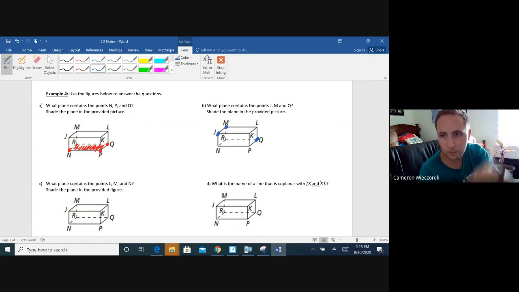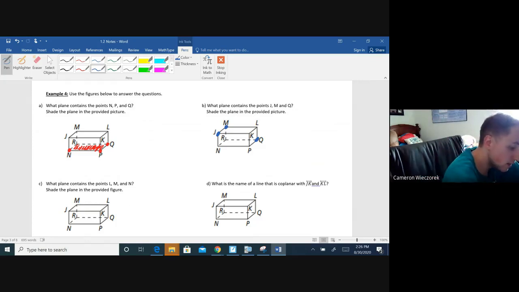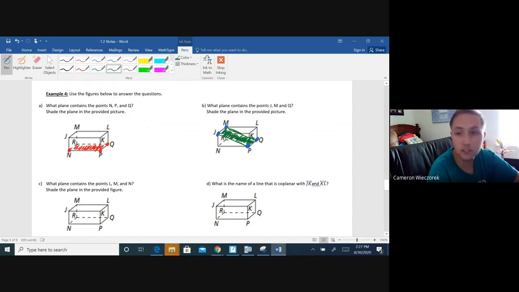You're starting at the top and going to the bottom. If M would nicely connect to Q, think about what point J would nicely connect to. It has to be going in the same direction. J is going to go all the way down to point P. So in green, here's my plane. It's like a slide that goes from the top left corner to the bottom right corner. It's the only way you can get from the top to the bottom.